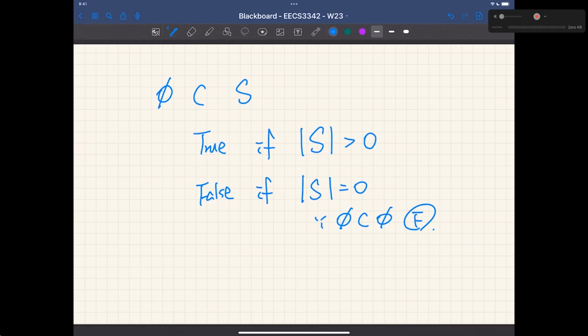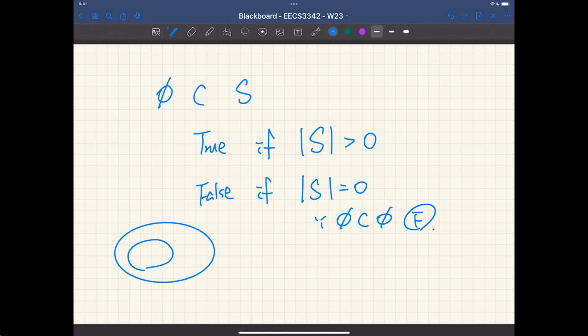So you can see, for example, if you got S1 here, and also S2 over here. In this case, S1 is a proper subset of S2. At the same time, S1 is also a subset of S2. Both are actually true.